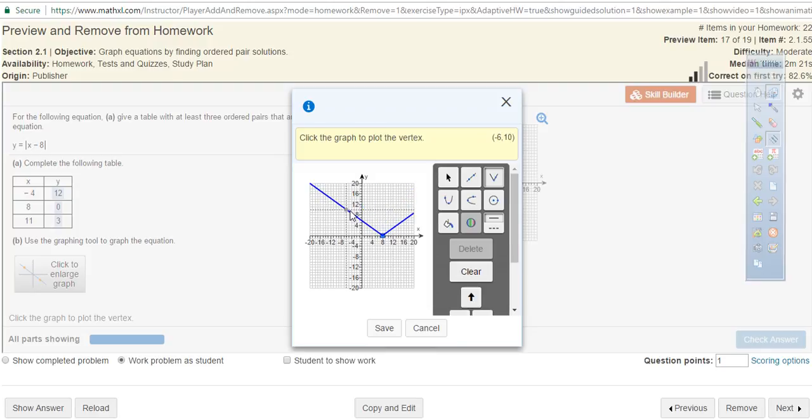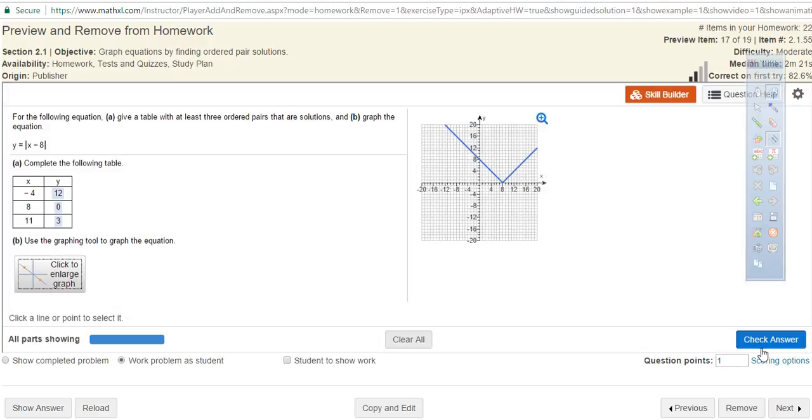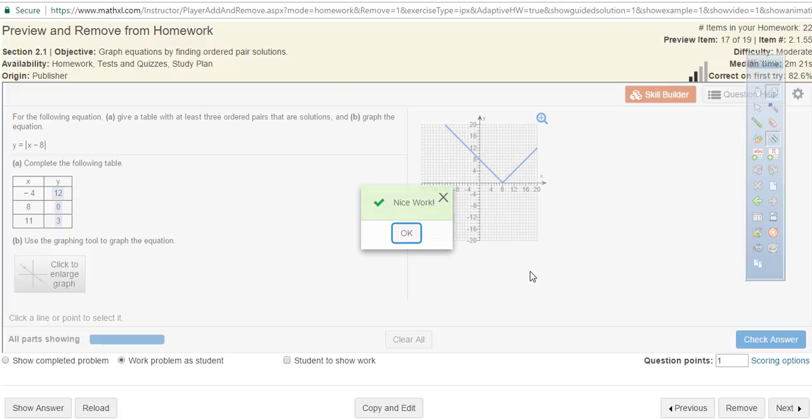They're only going to have you choose 2 points because this graph is symmetrical. So if I chose 11, 3, that will give me the exact same graph as if I chose -4, 12, because of the symmetry. We save it, we check it, and we get good job.